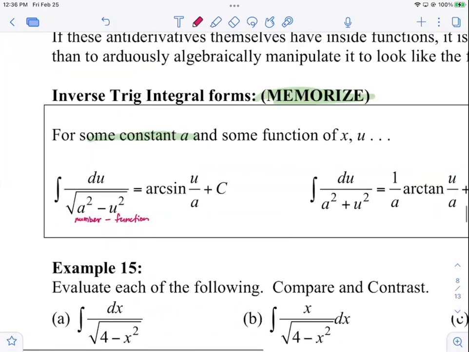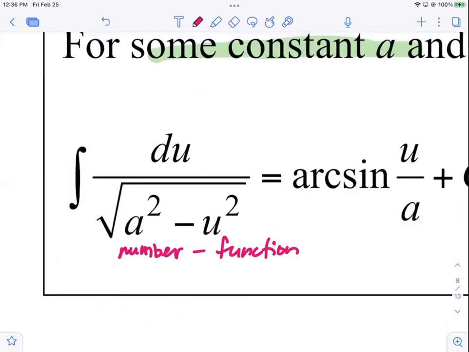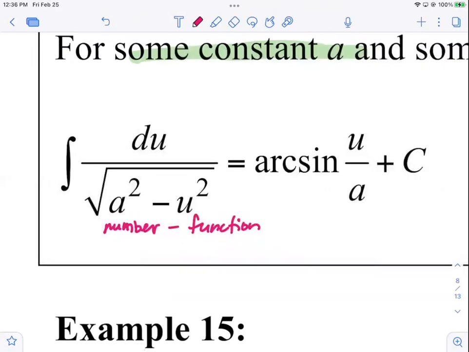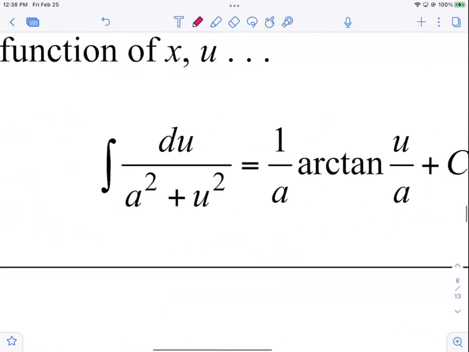This is going to end up being an arc sine, but it's not just arc sine of x. It's arc sine of u over a plus c. Now, what this means is whatever you're calling u to be, it's your inside function. The derivative of u has to be the other factor in the problem in the numerator, or only off by a constant. I'll show you why we want to memorize these when we work an example.